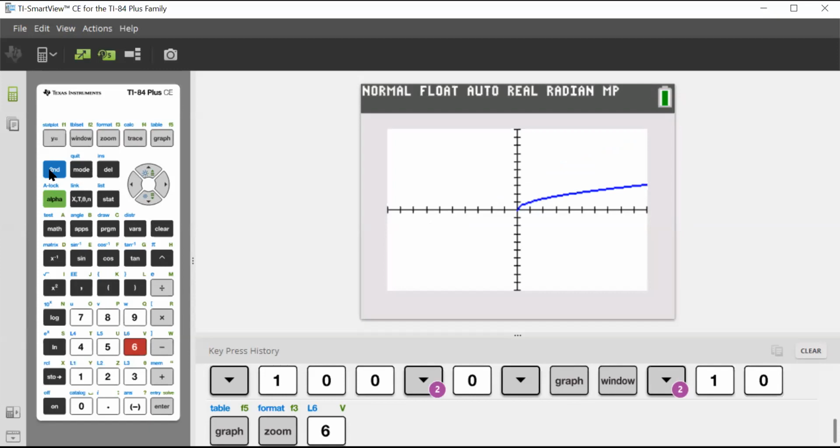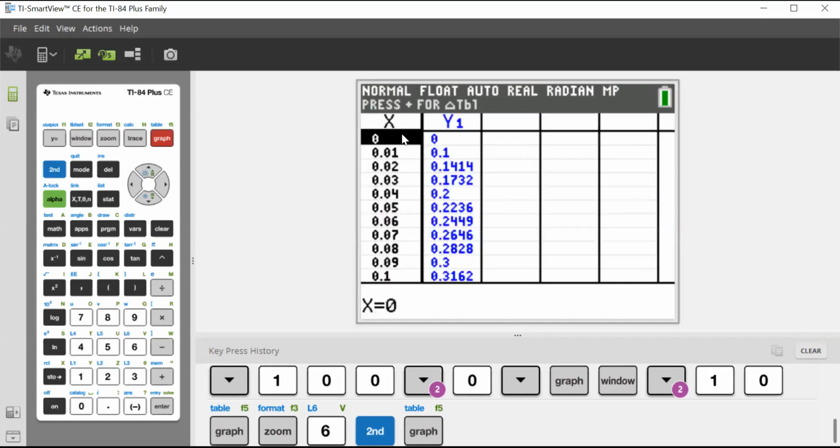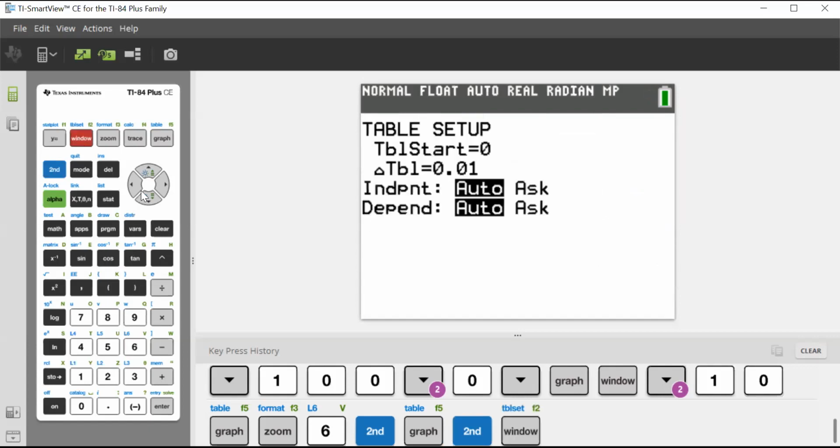All right, another nice feature these calculators have is a table of values. So if I press second, and then notice above the graph button it says table, so if I hit that, it takes me to a table of values here. And actually, sorry, let me reset my table here so that it counts normal.